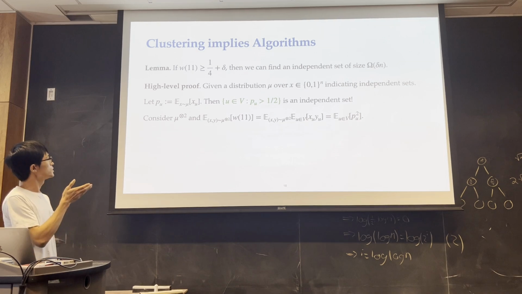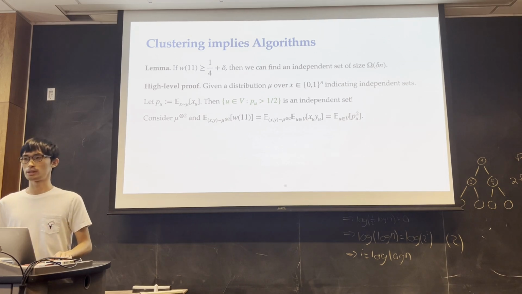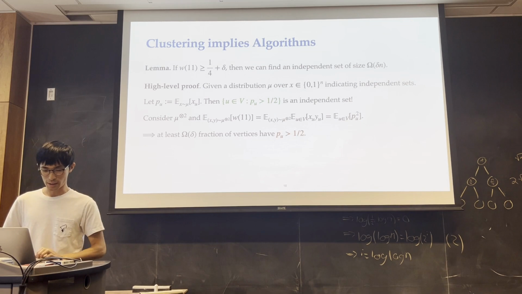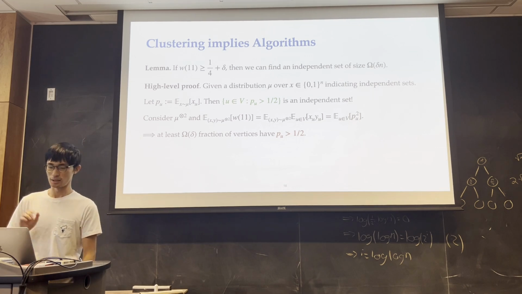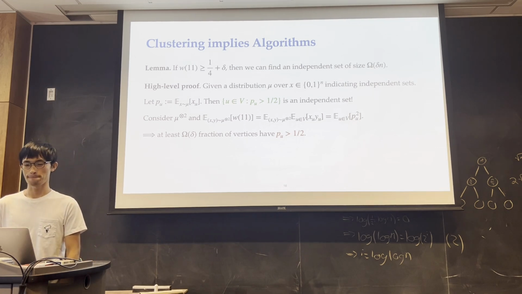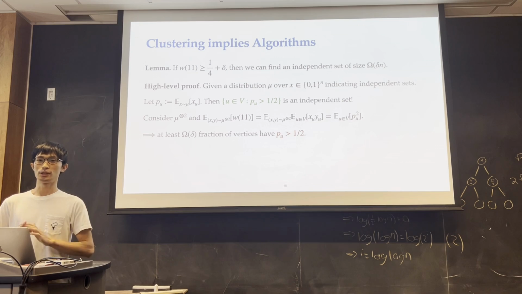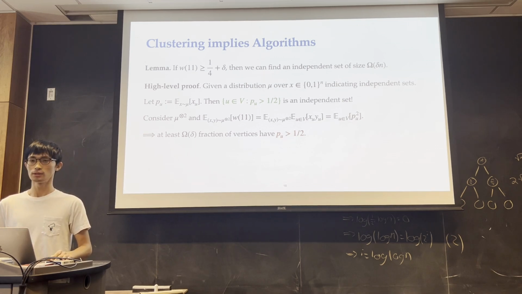So if this is at least 1/4 plus delta, then we know that at least an omega of delta fraction of vertices have Pu larger than 1/2. And that's it, we're done. So this is the end of the independent set result.